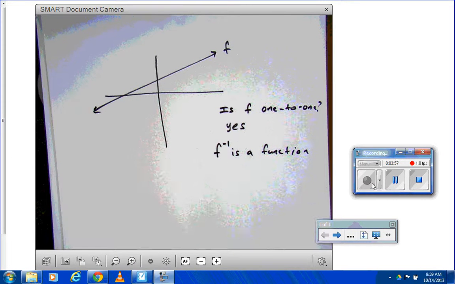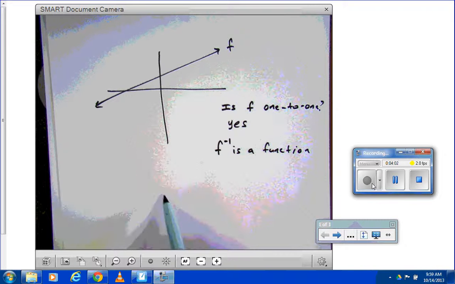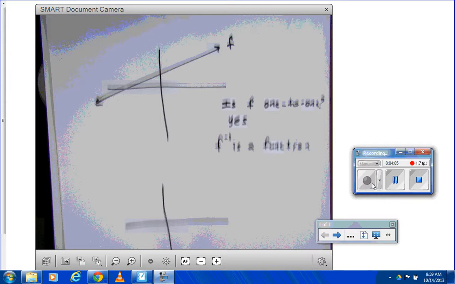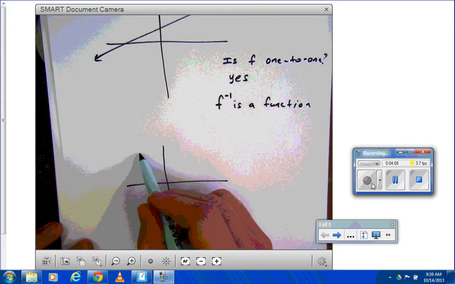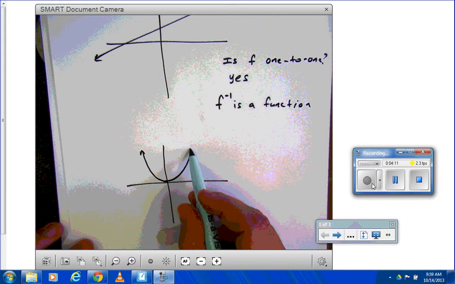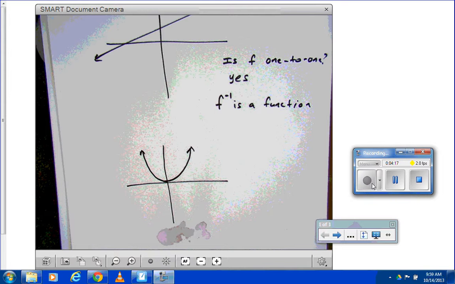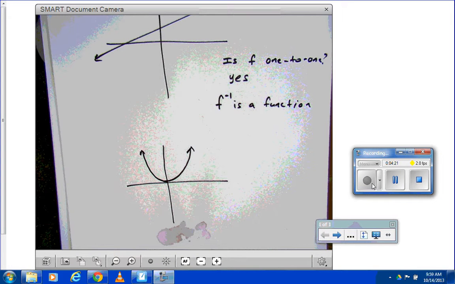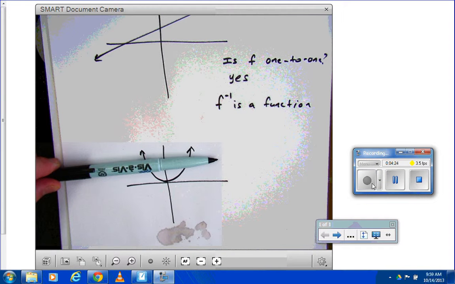Okay, now let's just look at another one here. Same questions. I'm not going to write everything out with it. Okay, let's look at a graph, let's do a parabola. Okay, so if a function gave me the graph of a parabola, would it be 1 to 1? No. Okay, it would not pass the horizontal line test, would it?